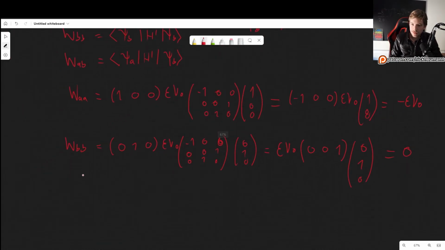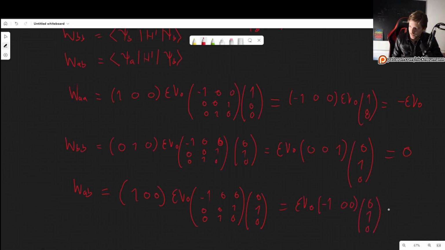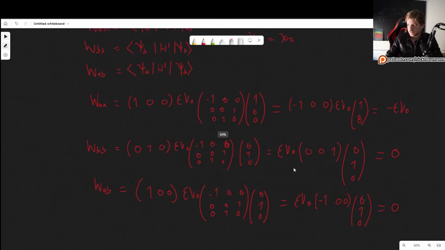Now WAB, this will be psi 1, which is (1 0 0), epsilon V0 times the matrix, and (0 1 0). From this product we get epsilon V0, and this times this gives us minus 1, and everything else is 0. But this product is also 0.